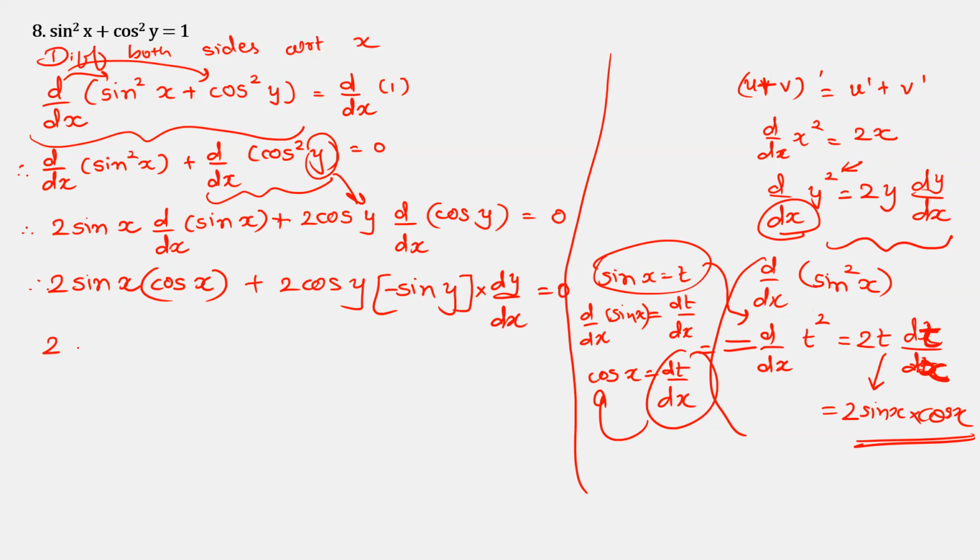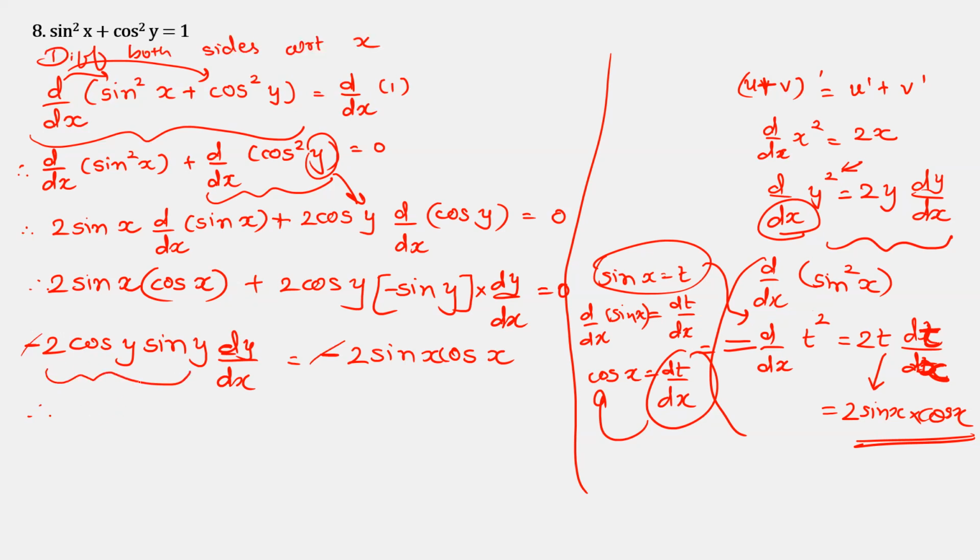Keeping 2 cos y sin y dy by dx on the left-hand side, and taking the other term to that side, it becomes minus, so minus minus cancelled, and this is 2 cos y sin y.